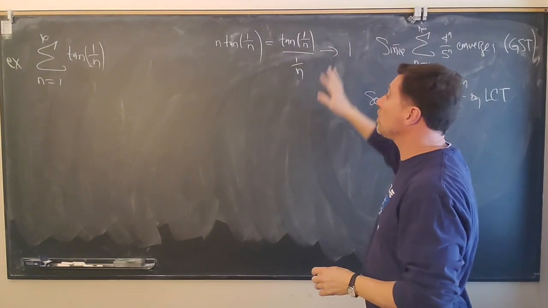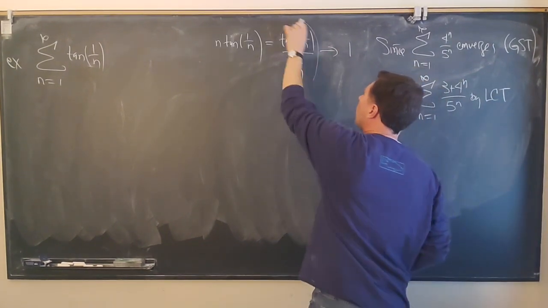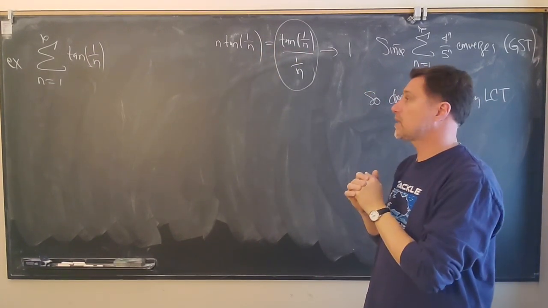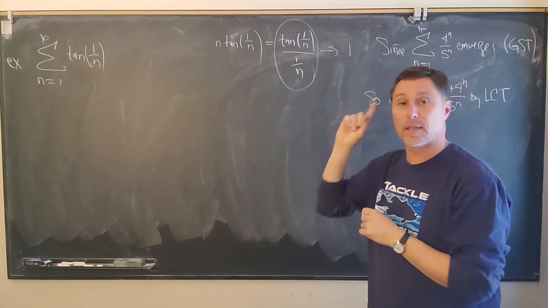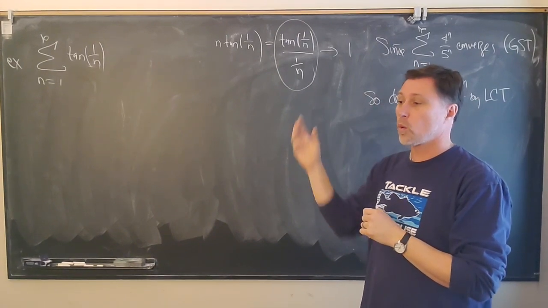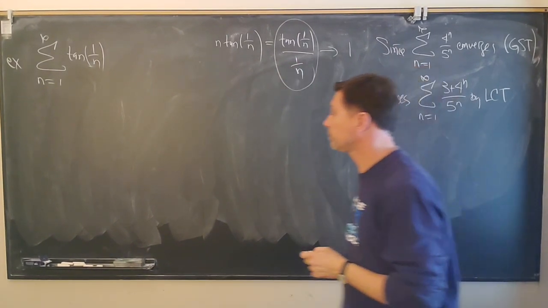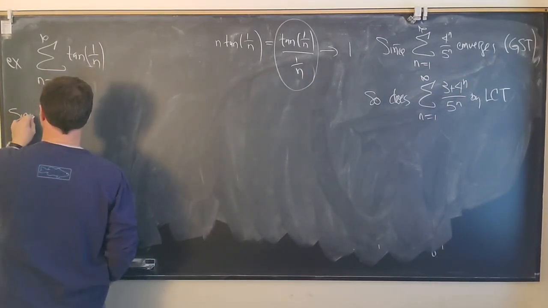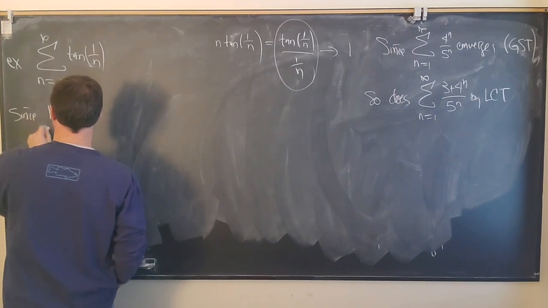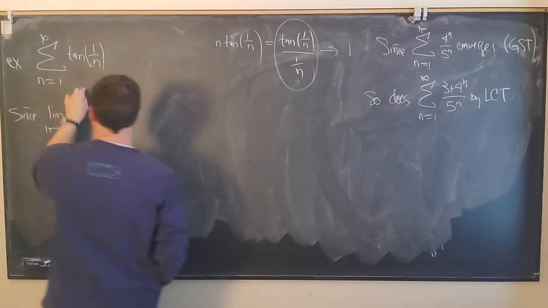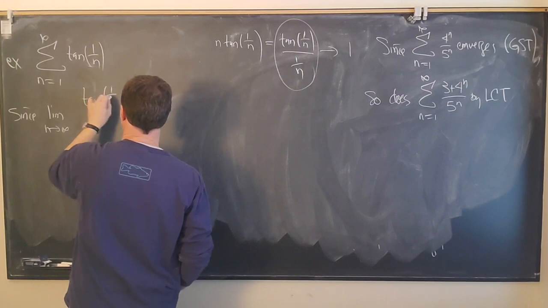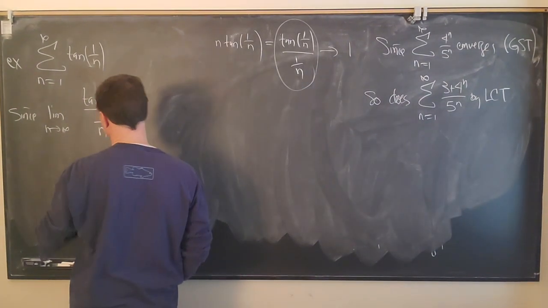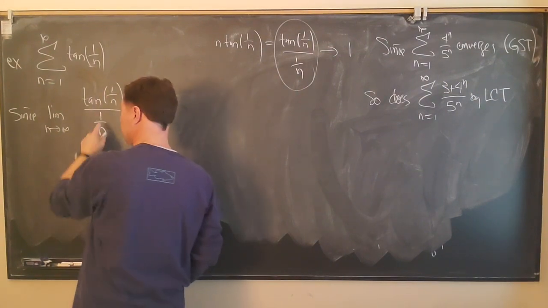And so here's the idea then. That limit right there is going to equal a positive constant. So I'm going to apply the limit comparison test to this one, where we put 1 over n in the denominator. So since the limit as n goes to infinity of tangent 1 over n over 1 over n, this is one where you can apply L'Hopital's rule, right? We have a 0 over 0.